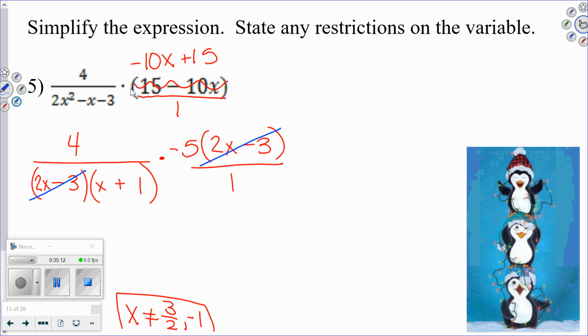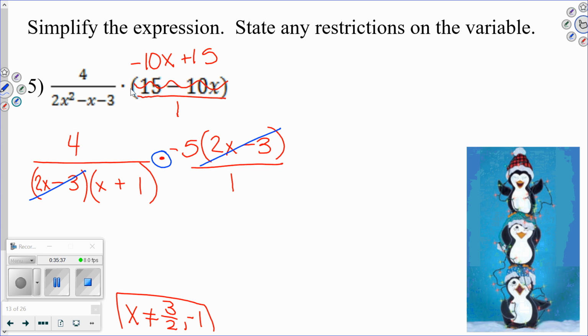Step 4, smoosh. Now be very careful when I smoosh. Negative 20. Don't smoosh that together and give me 4 minus 5. You laugh. There's going to be people in here going to do that. Danny already did. You see that dot? What does that dot stand for?